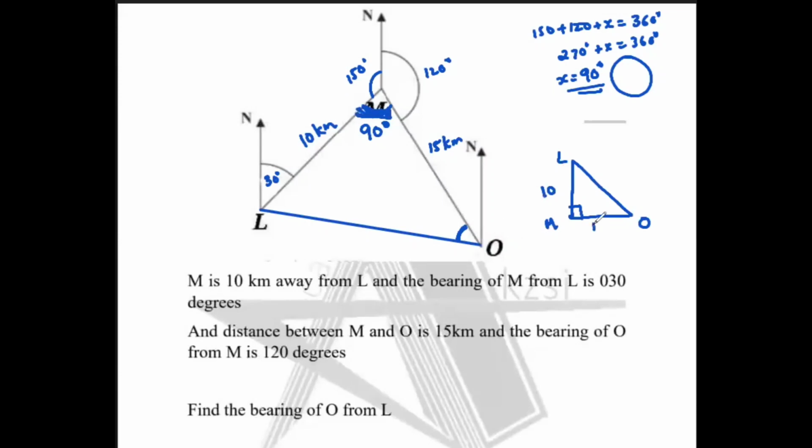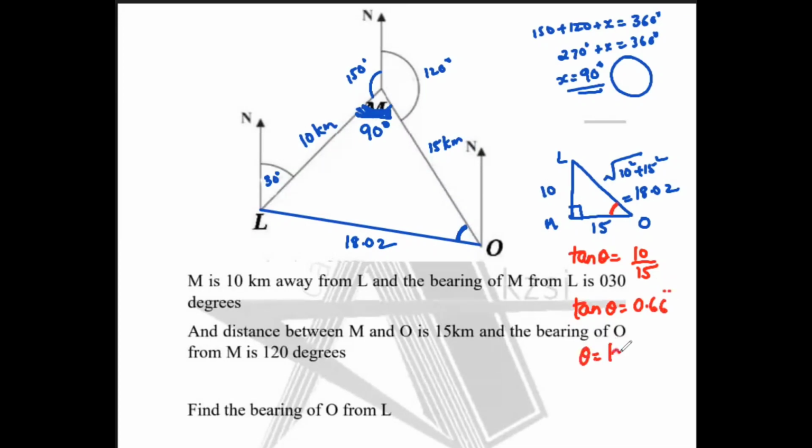MO is given as 15 kilometers. And if I apply tan theta is opposite over adjacent, so opposite is 10 over adjacent 15, which is 0.66. So tan theta equals 0.666 recurring.